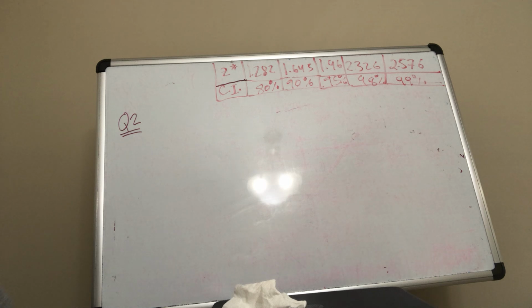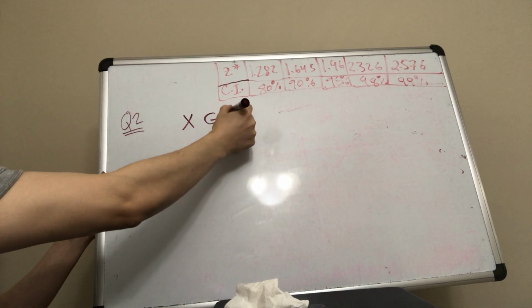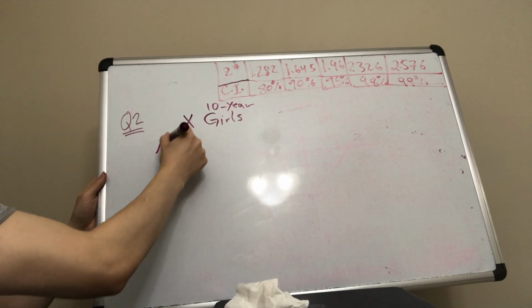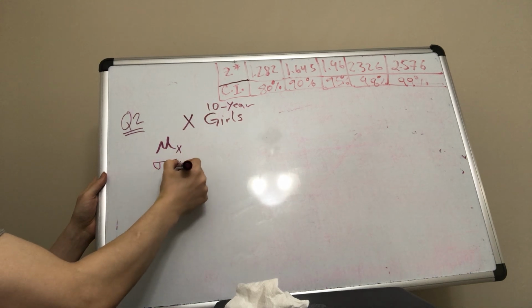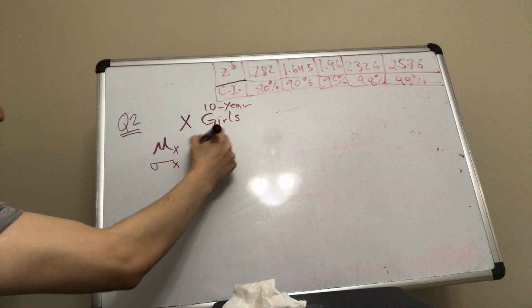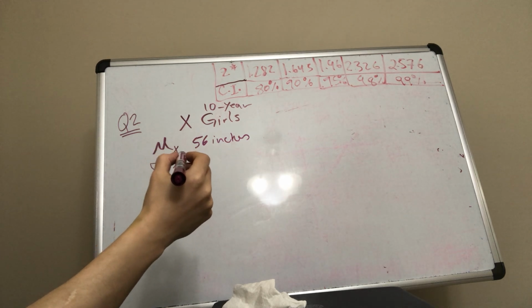Question 2, according to the National Health and Nutrition Examination in the U.S., mean height of a 10-year-old girl is 56, standard deviation 2.7. So let's call X 10-year-old girls. You're given their average height, mu, 56 inches, and sigma was given at 2.7.